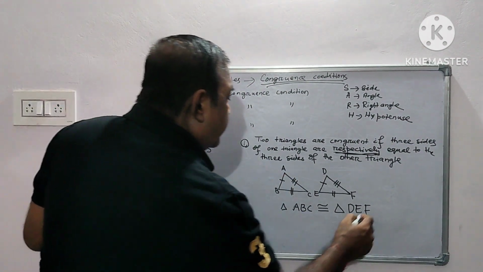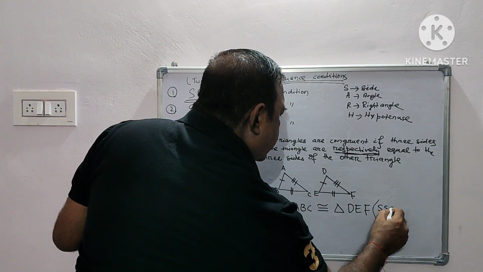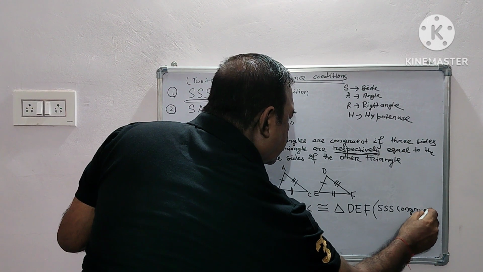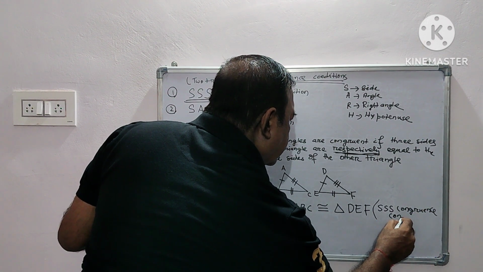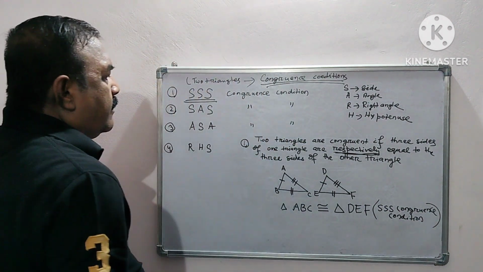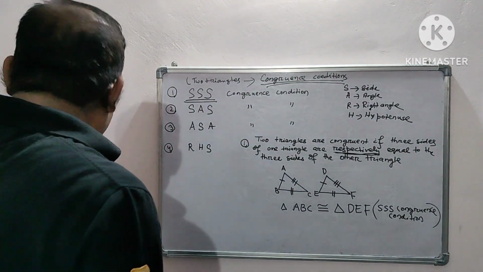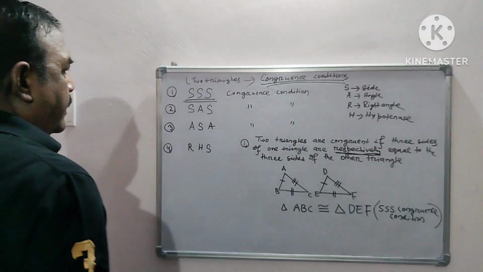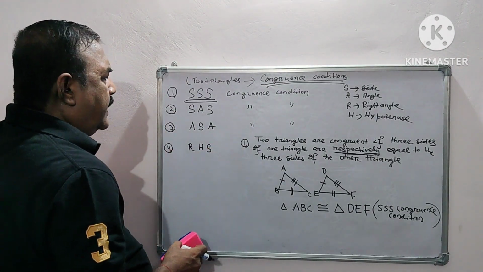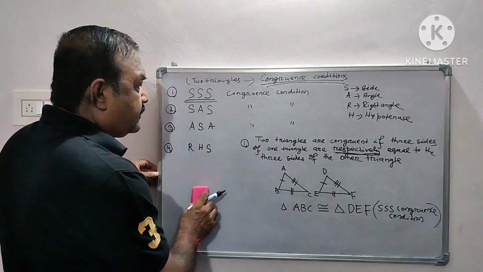According to what condition? You write the triple S congruence condition. So this first case is over, that is for triple S. Let me erase it.